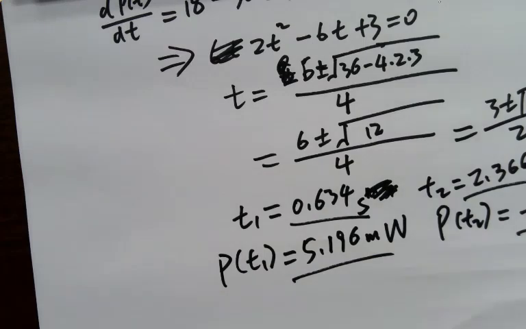Just kidding. At what instant of time is the power being delivered to the circuit? Delivered to the circuit, what does that mean? Power being absorbed. Yeah, being absorbed by this component. So which power do you want to use from the calculation? The positive power.